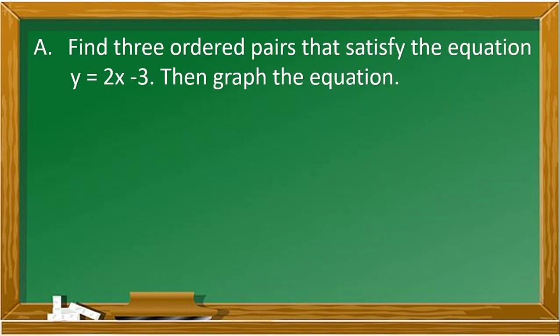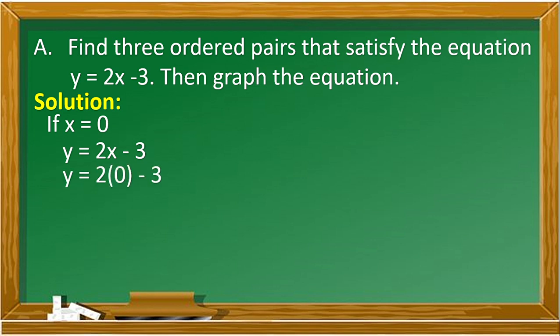Let's find three ordered pairs that satisfy the equation y is equal to 2x minus 3, and then graph the equation. For our solution, if x is equal to 0, then y is equal to 2x minus 3. Let's substitute the value of our x by 0.